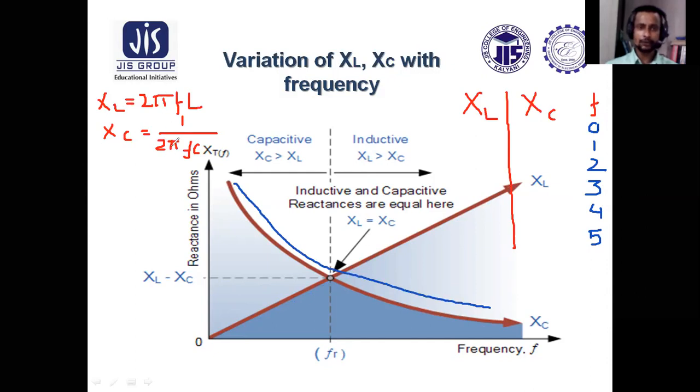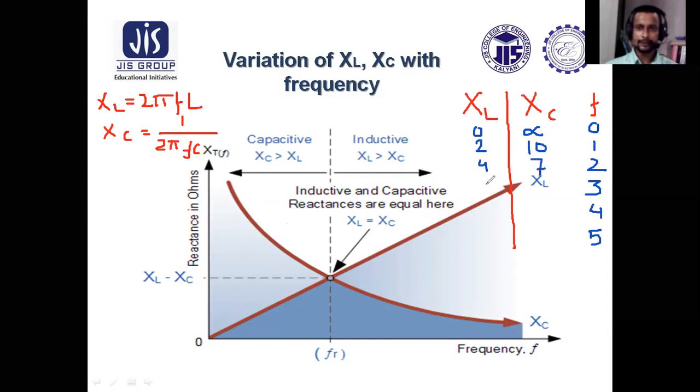Based on these two formulas, we can draw these graphs which show the variation of XL and XC with frequency. Now, numerically, at 0 frequency, XL is 0, and XC is very high, almost infinite. As frequency increases, at frequency 2, say XL is 4 and XC is 7.